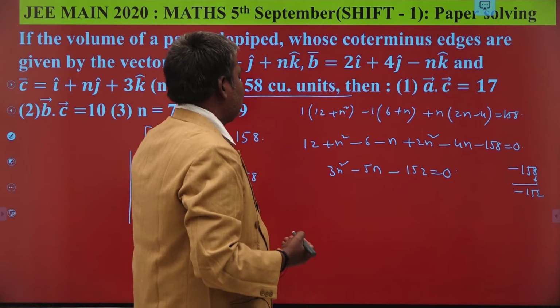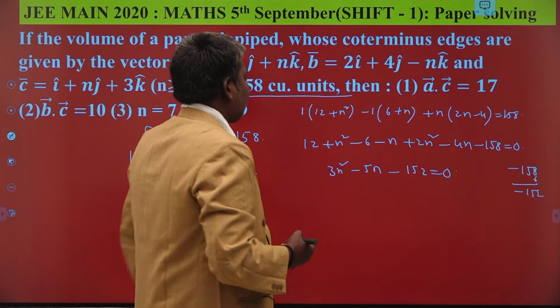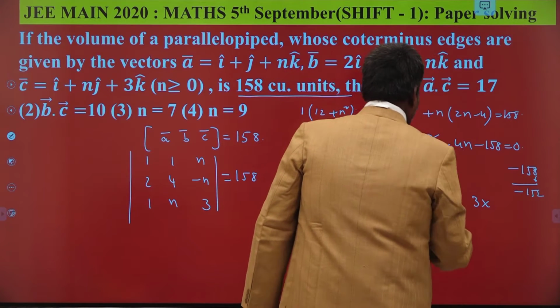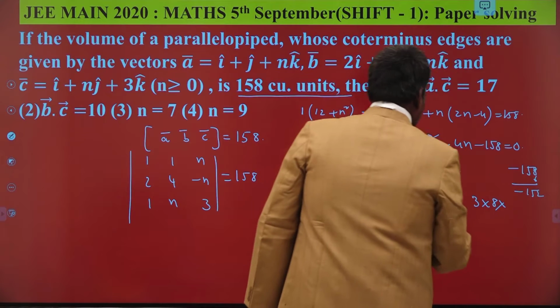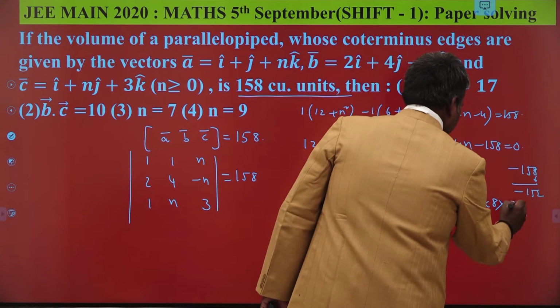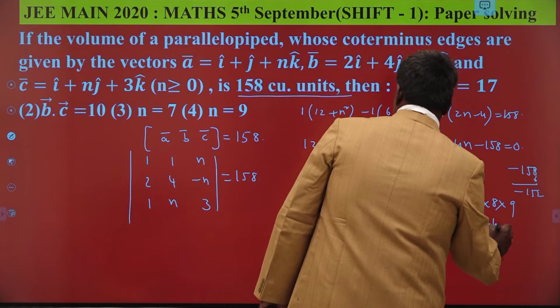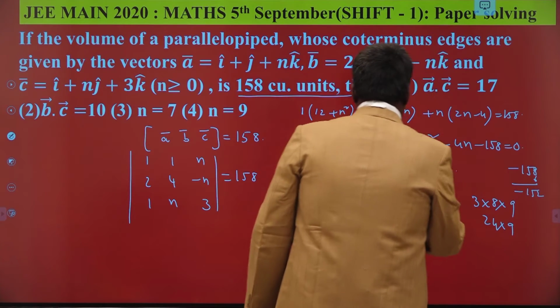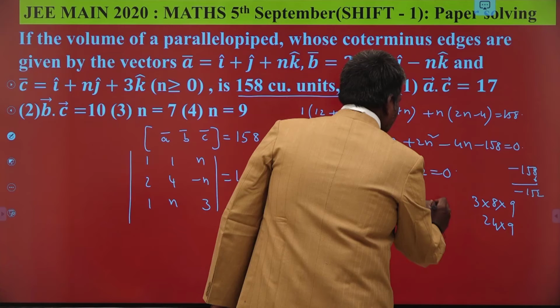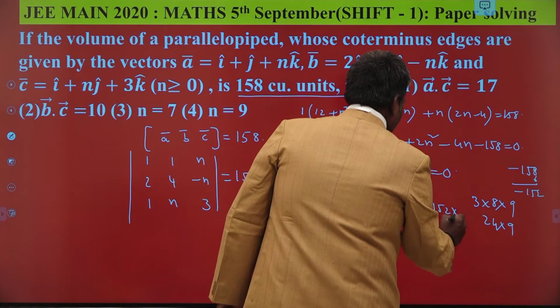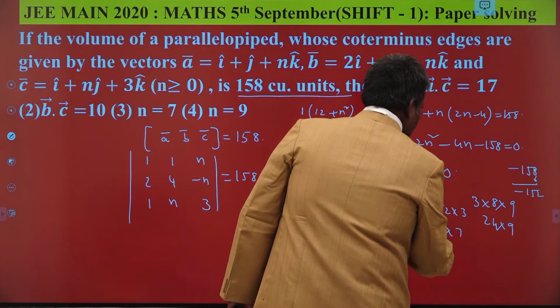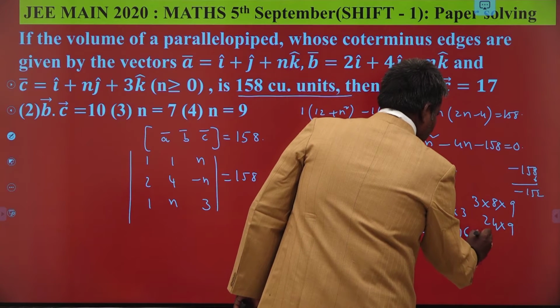To find the factors, you have to find the factors of 152.